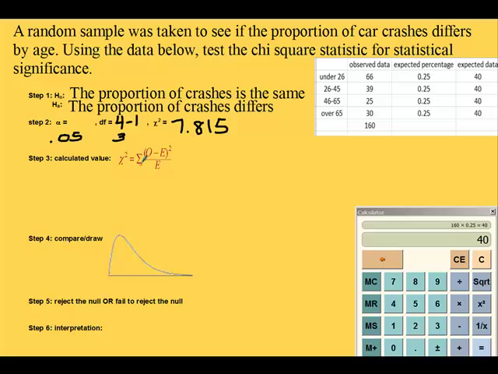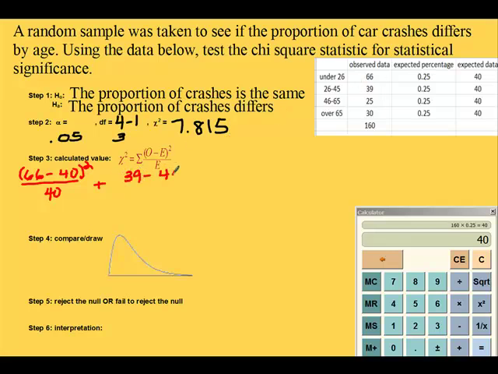Chi-squared equals the addition of observed minus expected, subtract them, then square, then divide by the expected. So according to my observed data, my first piece of information would say 66 minus 40. Subtract it, square, and then divide by the expected value. My second piece of data is 39. That's observed.